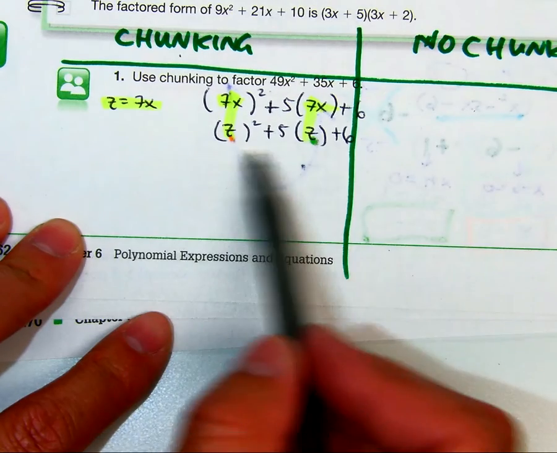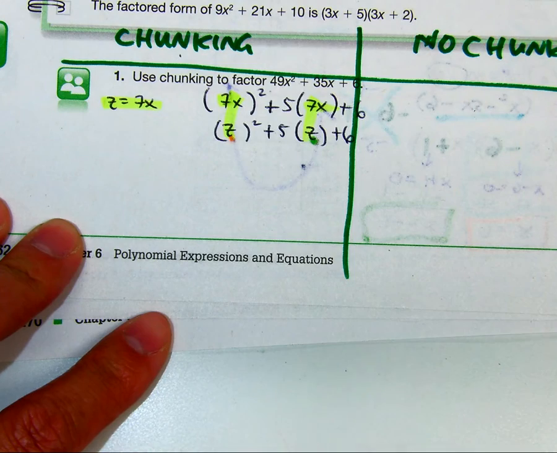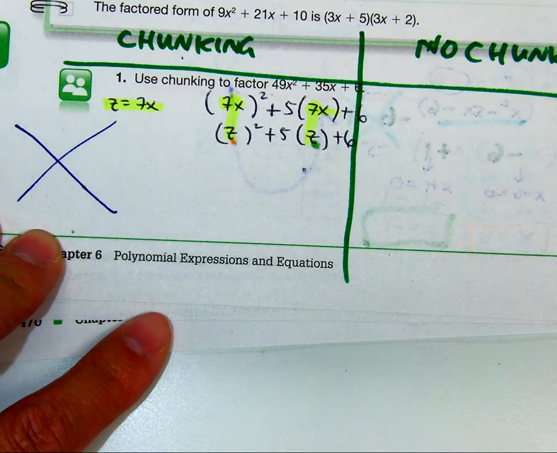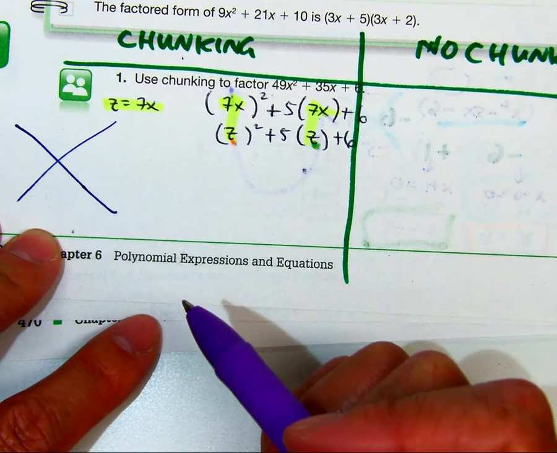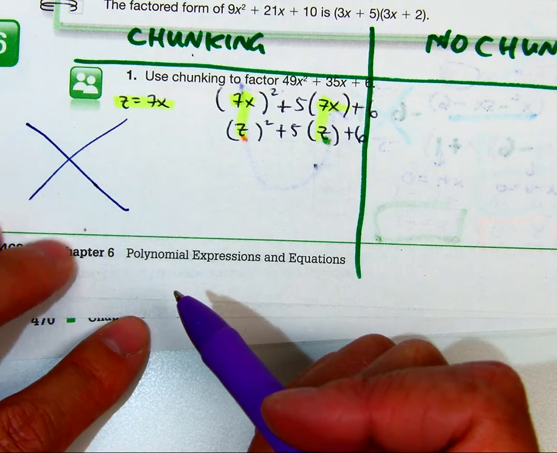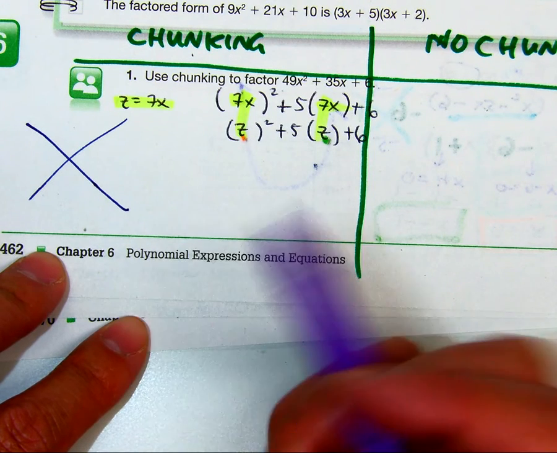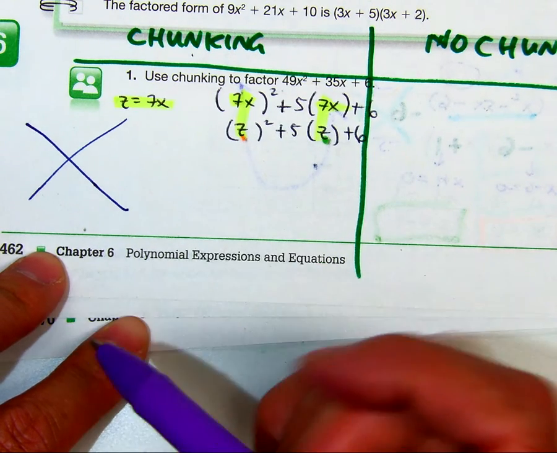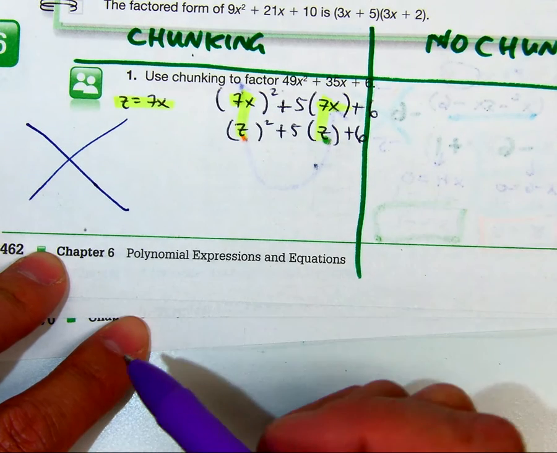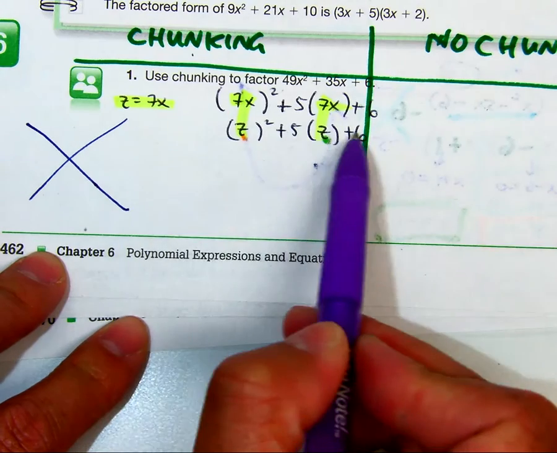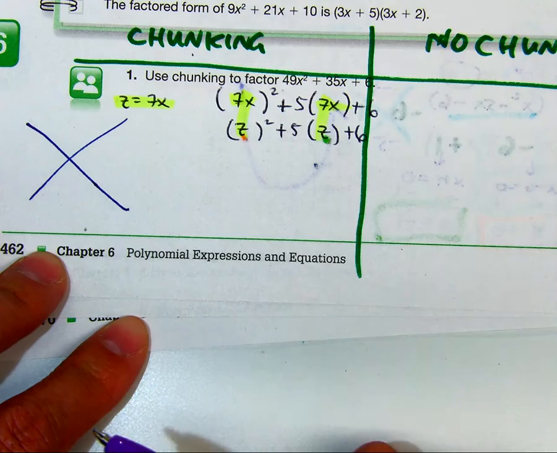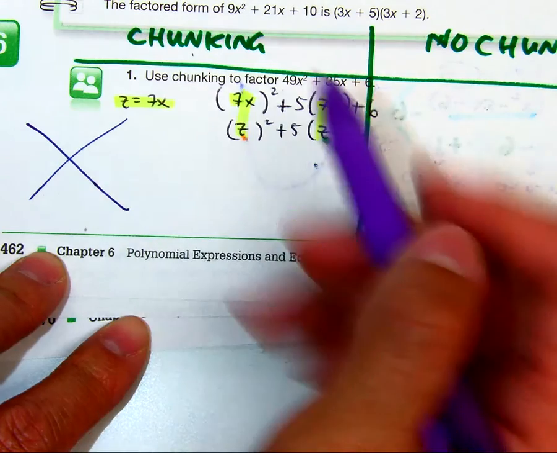Class, now to factor that, you can just use the box method. Joe, A times C? You're looking here on this line. Your A value is 1 times C is 6.